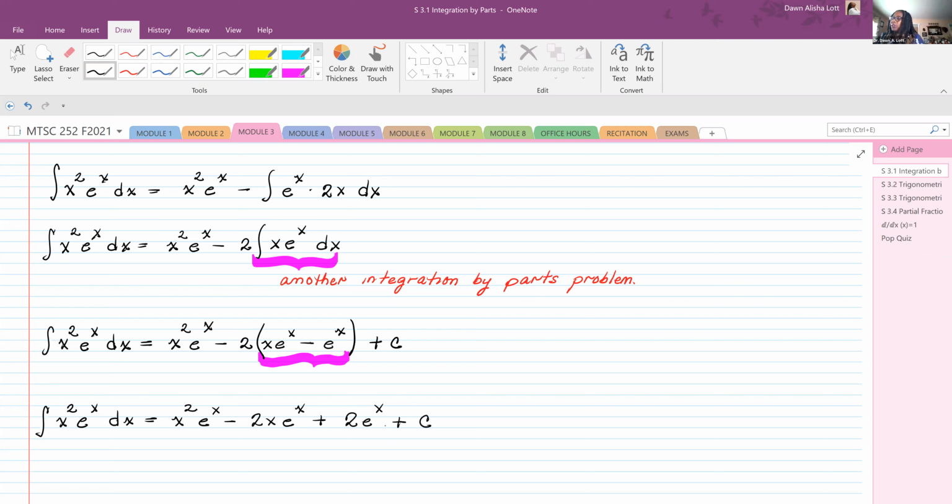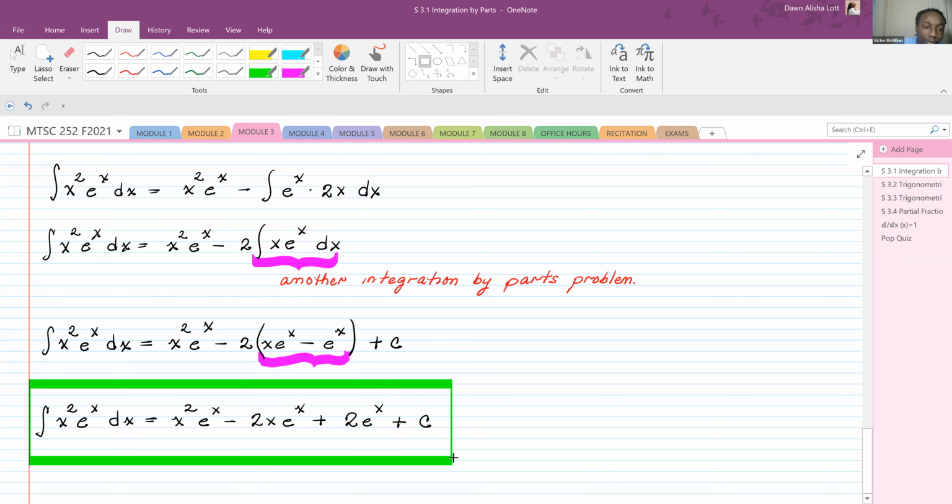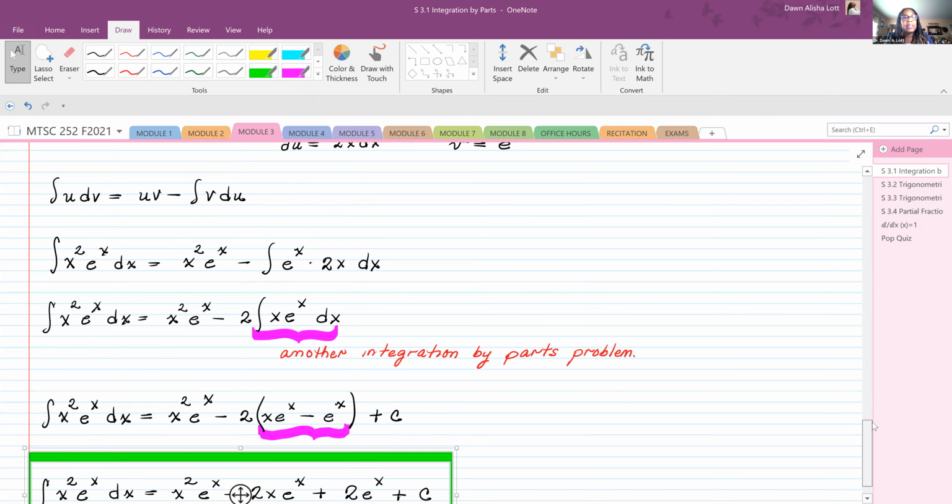Okay, any questions? For the parentheses, I was kind of confused, but like e times e to the x minus e to the x is 1. Where that came from? Or how did you separate that? Okay, so the integral of x e to the x dx, that was the second integral we did.